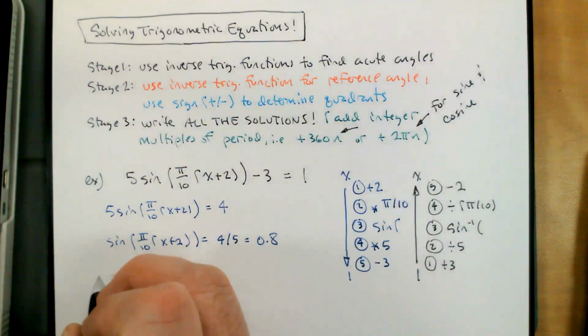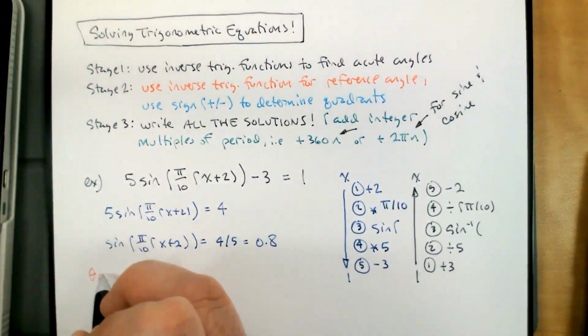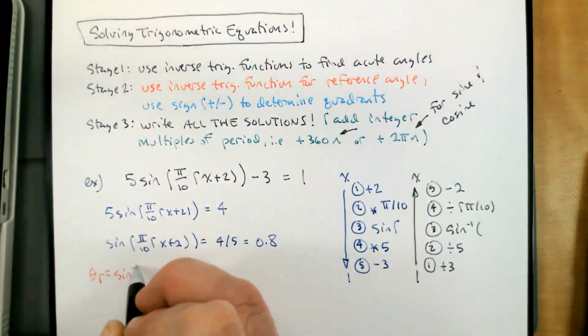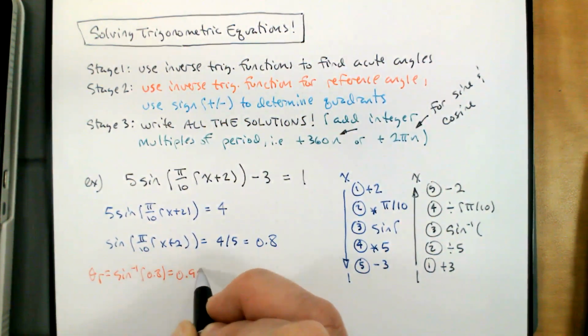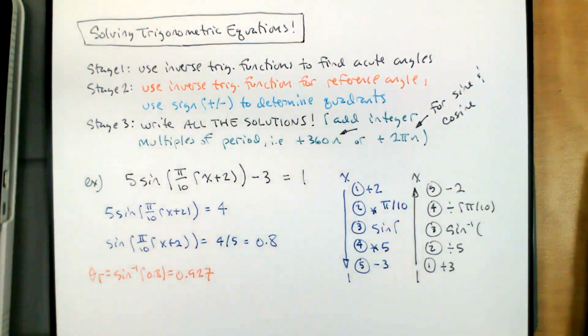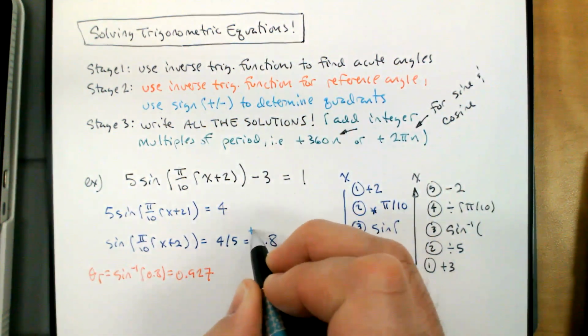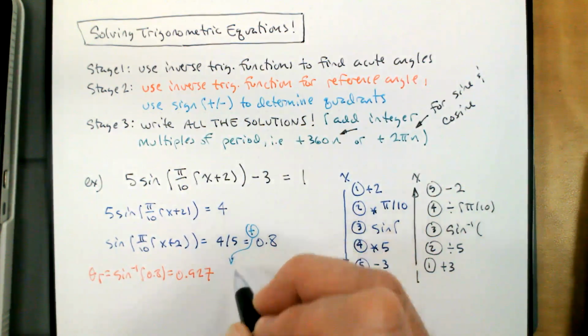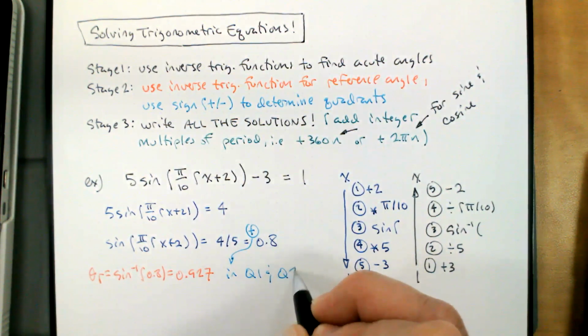So our reference angle is 0.927. And because this 0.8 is positive, we're going to put it in quadrant 1 and quadrant 2.